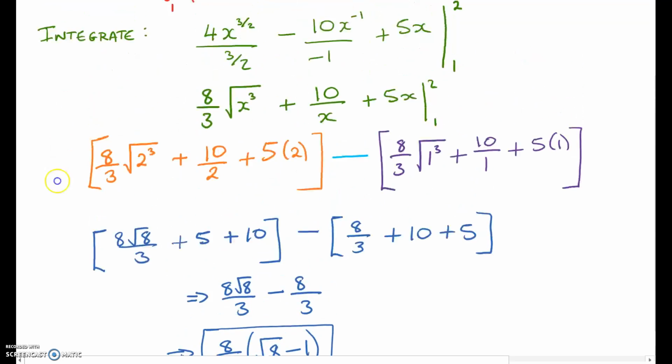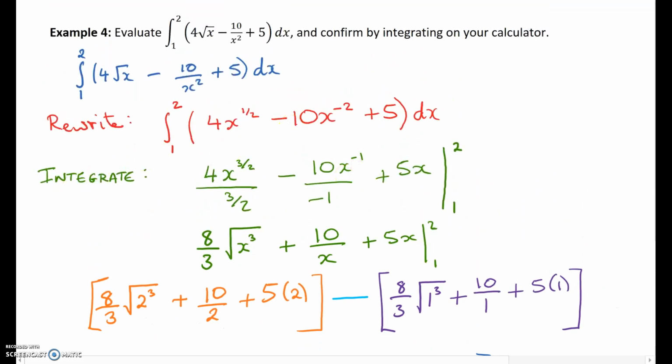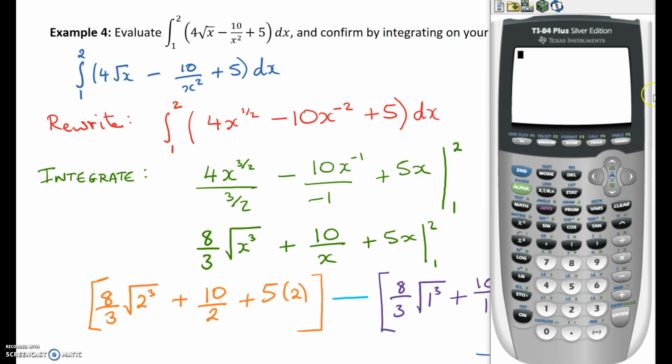Okay, so let's call back the original problem, and let's do it on our calculator. So we had to integrate, so math 9, and it's 4 times the square root of x minus 10 divided by x squared plus 5.